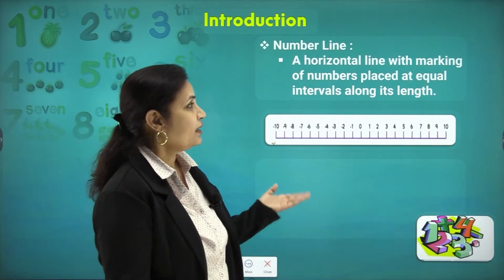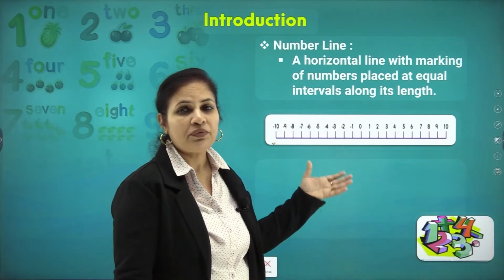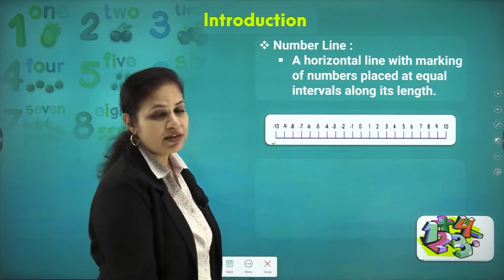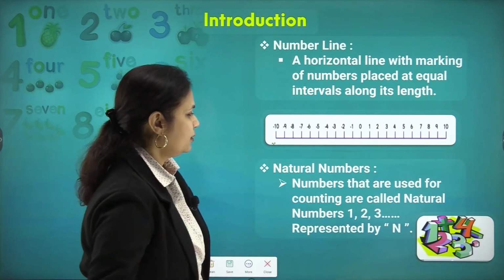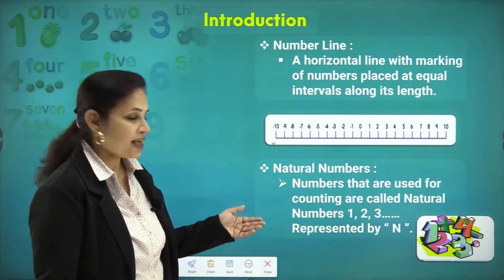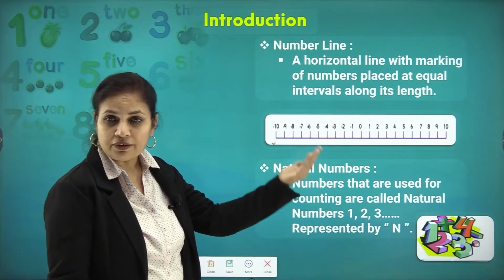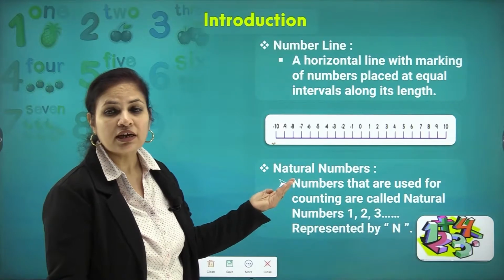So basically a number line is a horizontal line where we represent 0 along with positive and negative numbers, which extends indefinitely in both directions. Natural numbers are represented on the right hand side of the number line after 0, and they are also known as counting numbers.